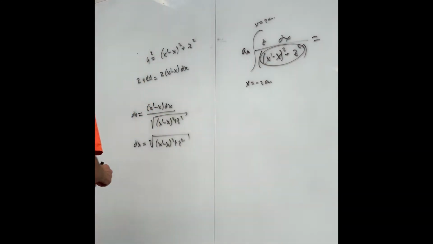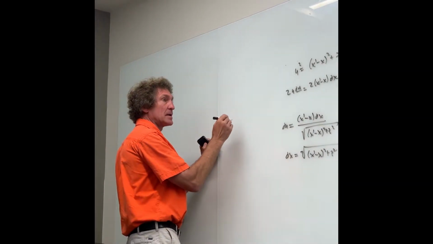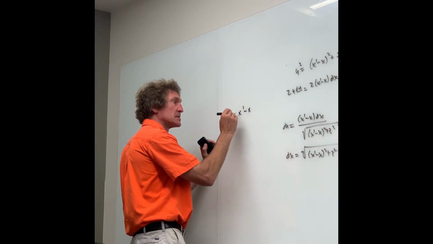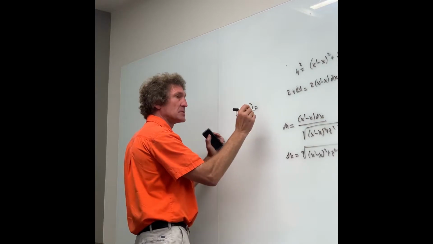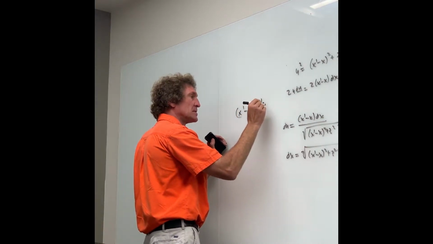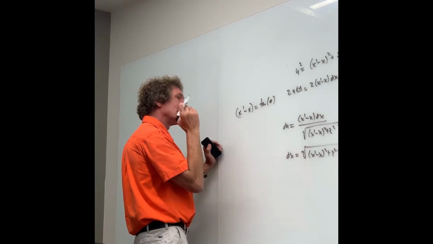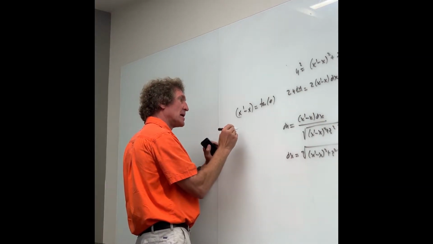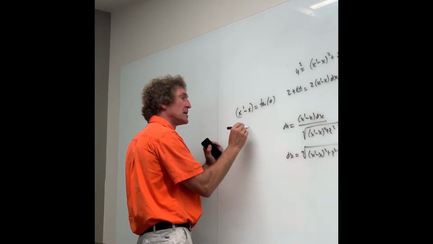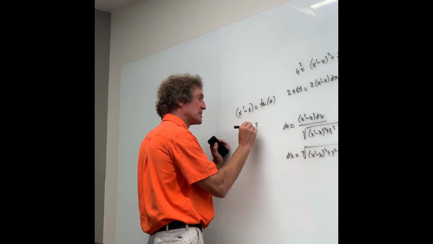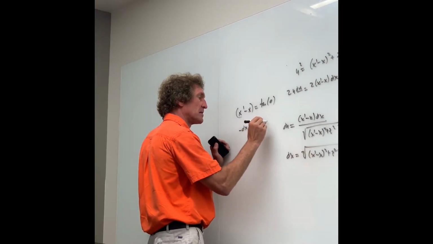Real quick. If we let x prime minus x be equal to tangent theta, then when I had minus dx, that would be equal to secant squared theta d theta.